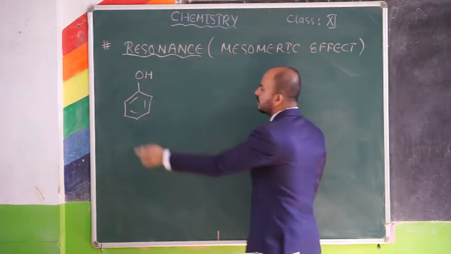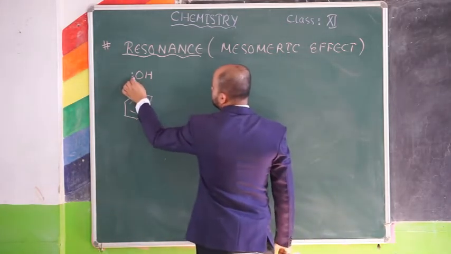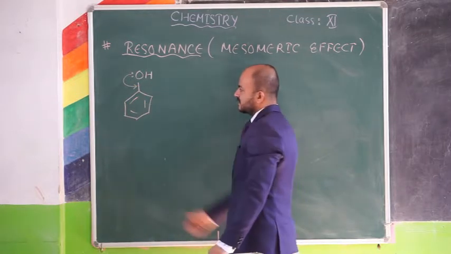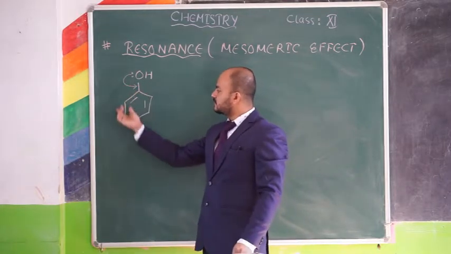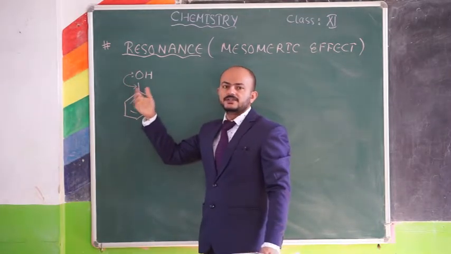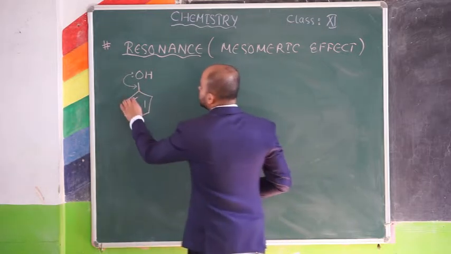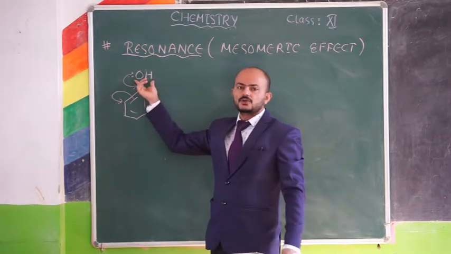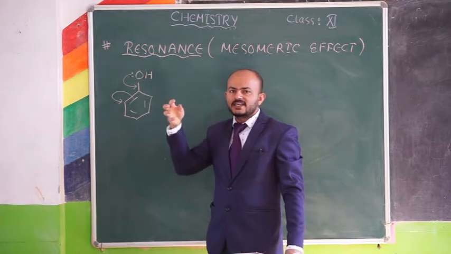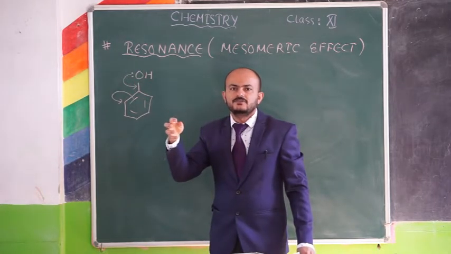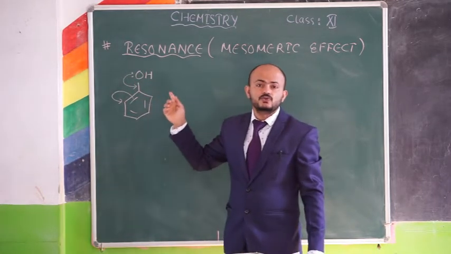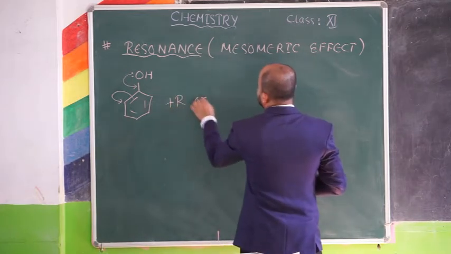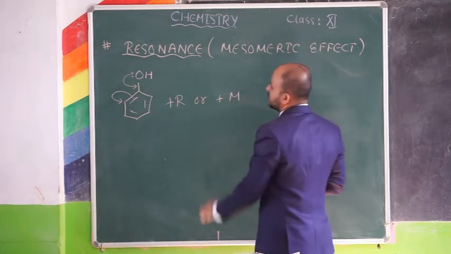Now in this case, oxygen has a lone pair. This lone pair can be shifted inside the ring because of resonance. Such groups which donate their electrons inside the benzene ring are known to show plus R effect or plus M effect.